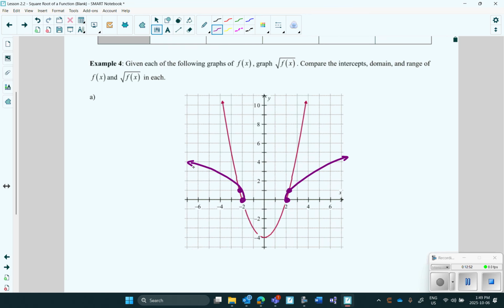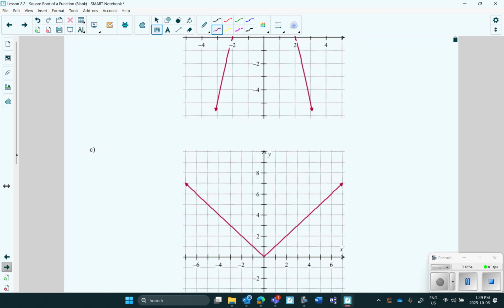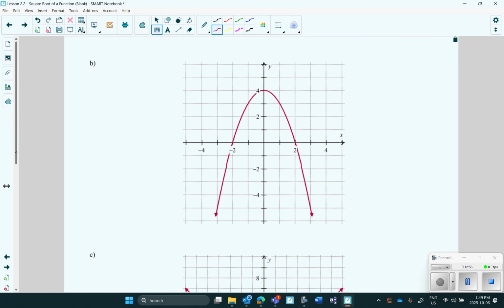How about this one, upside down parabola? Points on the square root would be where y is 0 and where y is 1.